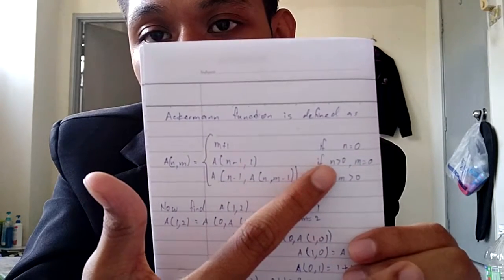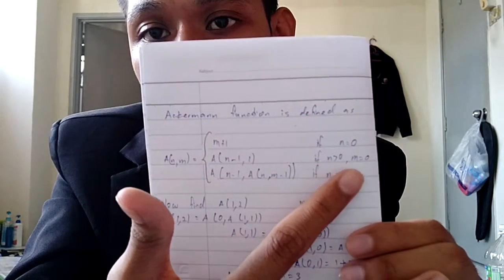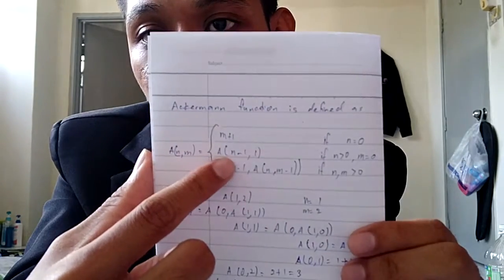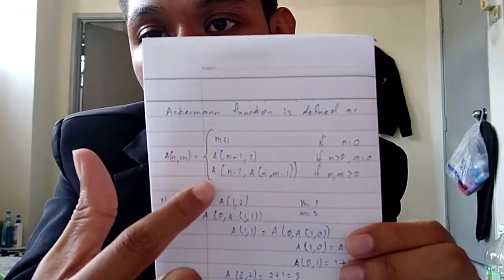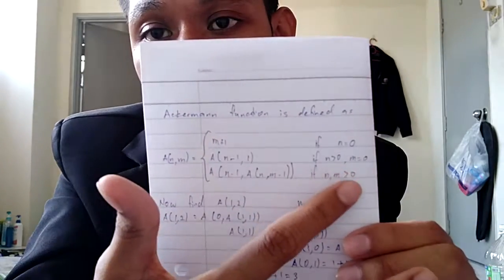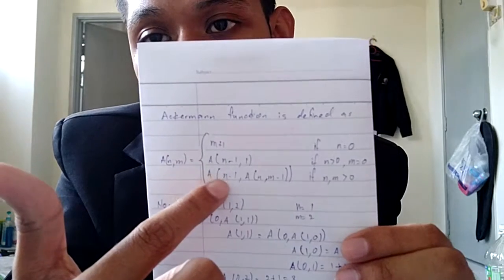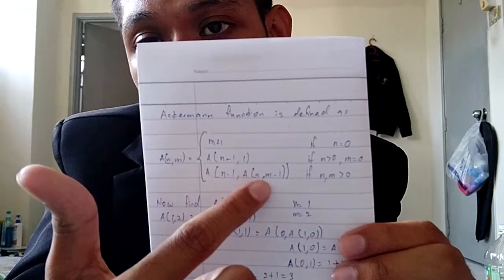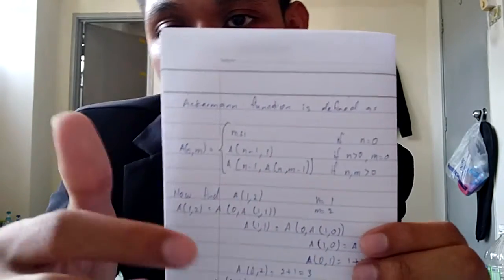If n is greater than 0 and m is equal to 0, we use A of n minus 1 and 1. If n and m are both greater than 0, we use A of n minus 1, and then A of n, m minus 1, like that.